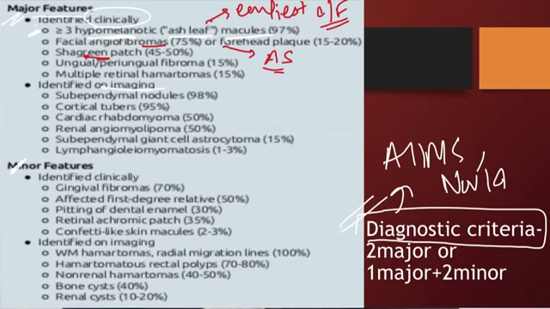We'll be seeing the images as we move on, but for now you need to know that the most common cutaneous lesions are ash leaf macules, adenoma sebaceum or facial angiofibromas, which typically present in the butterfly region of the face, shagreen patches, and the fourth cutaneous lesion, ungual or periungual fibromas, which present in the region of the nails. The two eye manifestations, one of which comes in the major features, is retinal hamartomas.